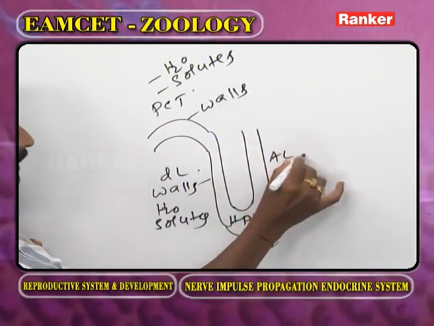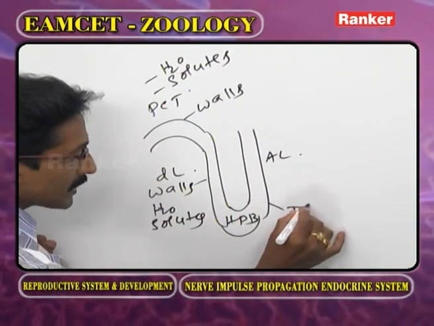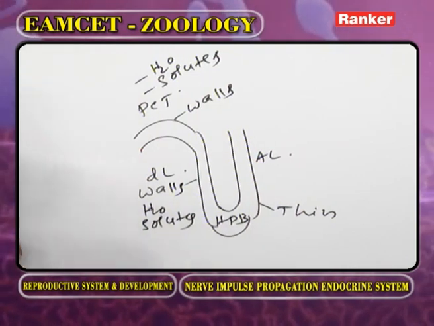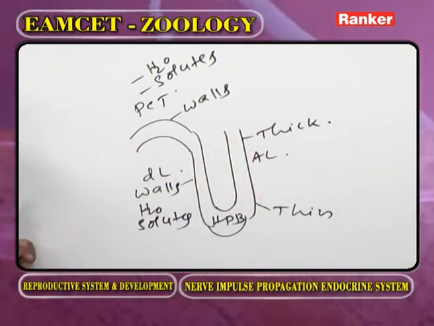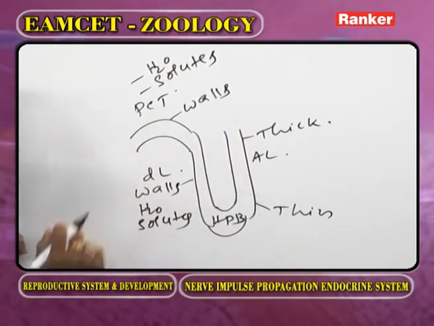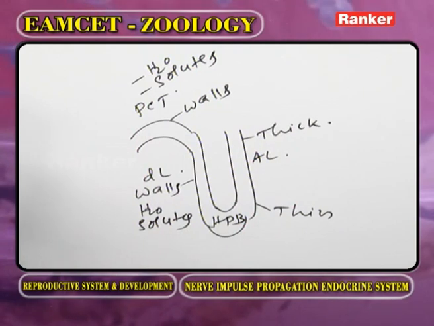This is called the ascending limb. As we observe the ascending limb, this part we call the thin part, and this part we call the thick part. The ascending limb is impermeable to water.